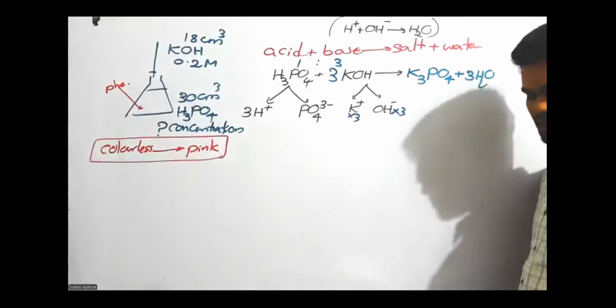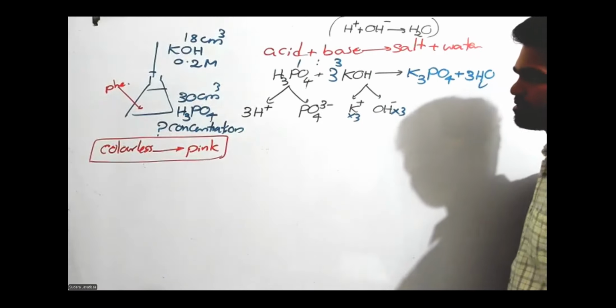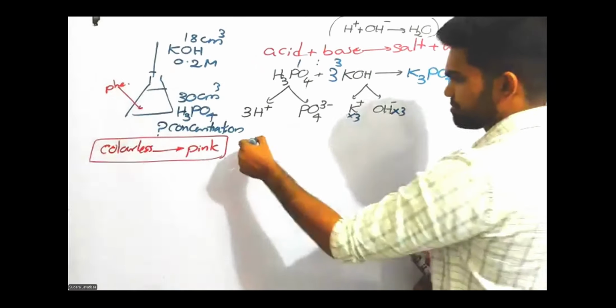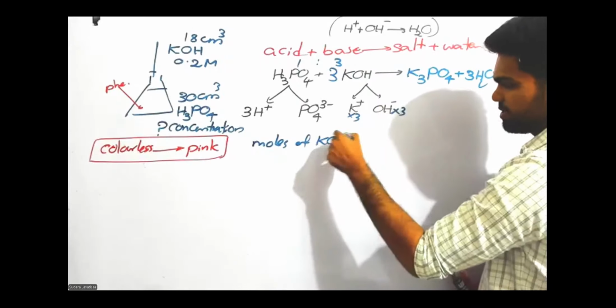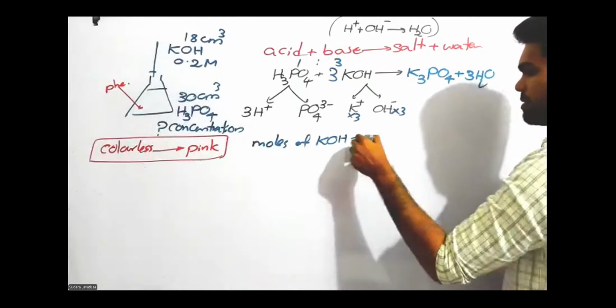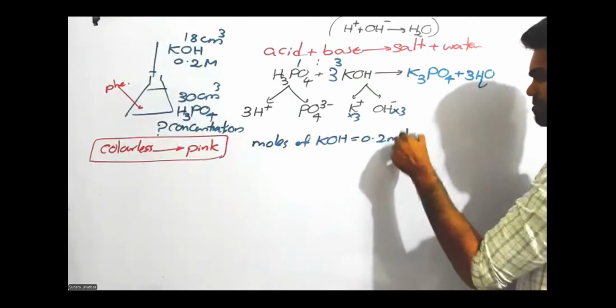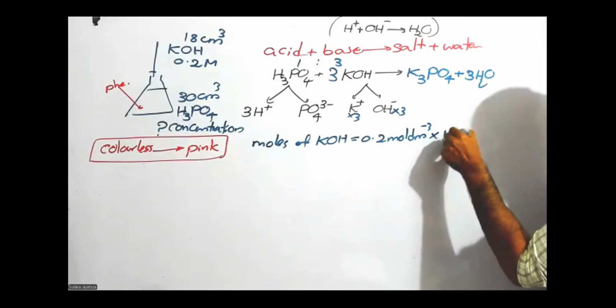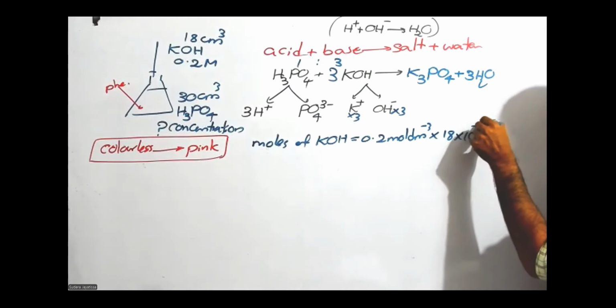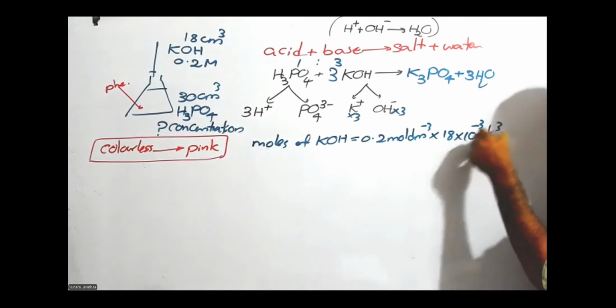Now let's see how to do the rest. We can find the moles of potassium hydroxide: 0.2 moles per decimeter cube into 18 cubic centimeters, which is 18 into 10 to the power minus 3 decimeter cube.